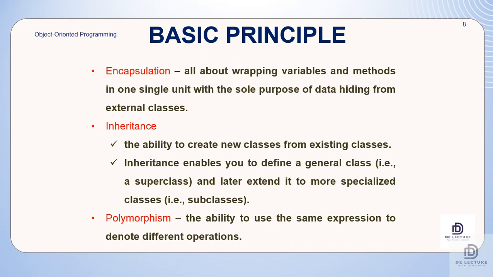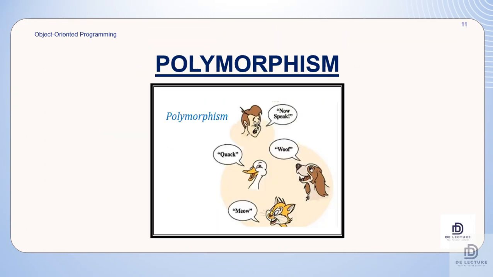The last one is polymorphism. Polymorphism is the ability to use the same expression to denote different operations. What does it mean? Let's have a look at this picture. When we talk about speak, humans, dogs, or cats have different ways of communicating.